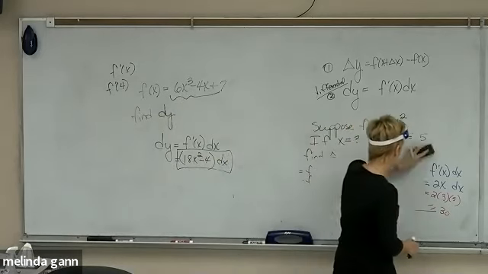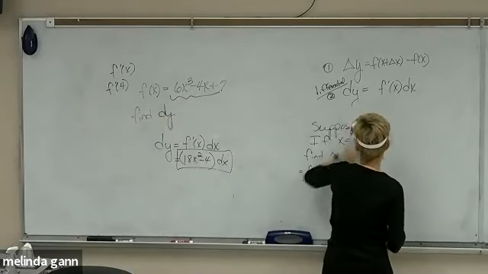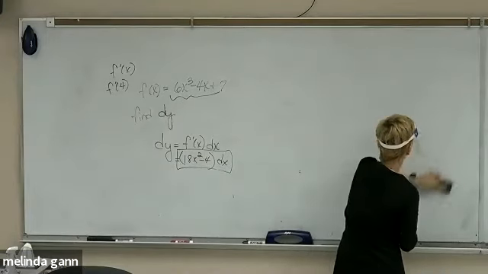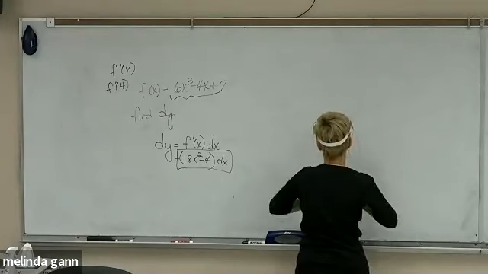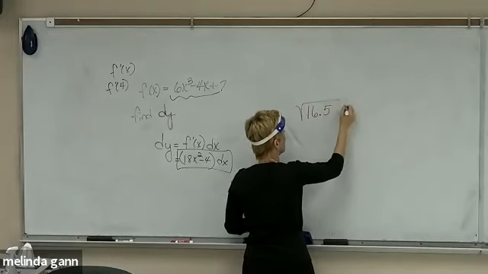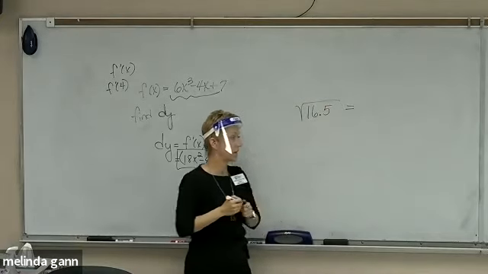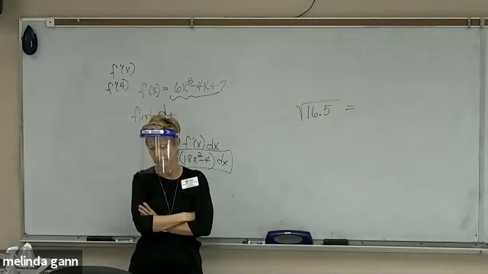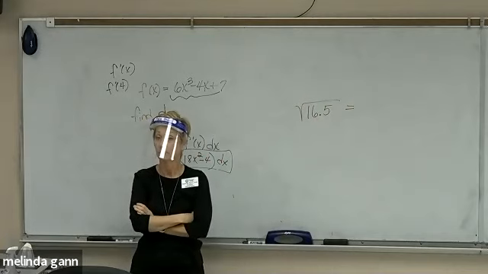Now, let me show you something that this used to be pretty useful for, but not so much now, because those calculators exist. What if you were doing a calculation and you needed the square root of 16.5 approximately, and you don't have a calculator?